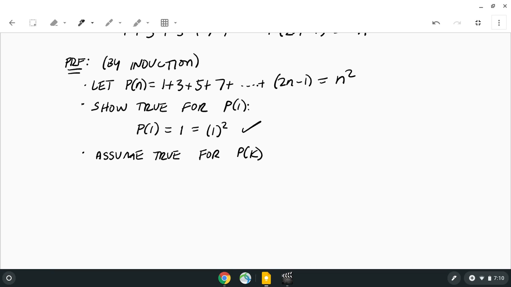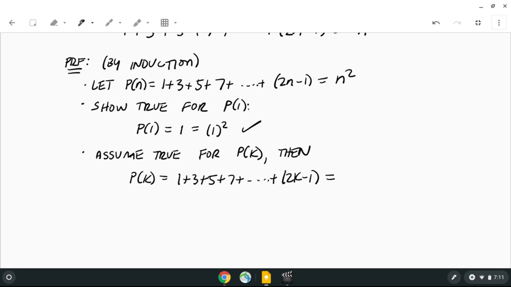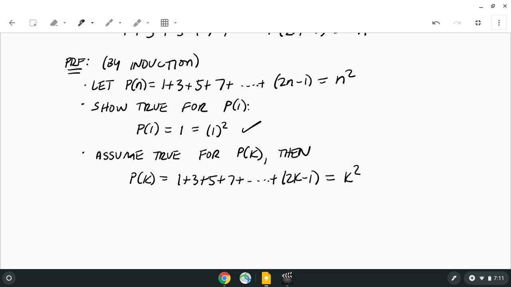If we assume that it's true for P of k, then when we write it out, we get 1 plus 3 plus 5 plus 7 plus, in this case, n is equal to k, so we get 2k minus 1. And so that should be equal to k squared. So we assume that it's true for P of k. If it's true for P of k, then we have this statement, and this statement is going to play an important role.